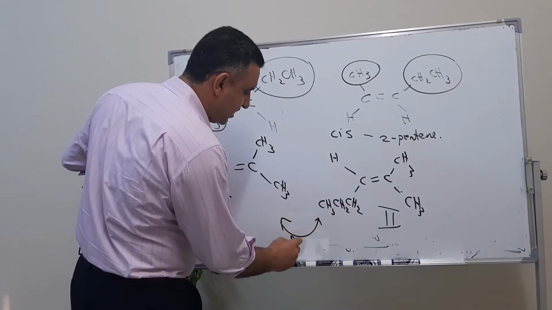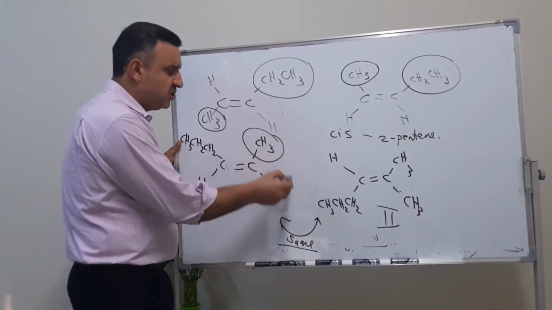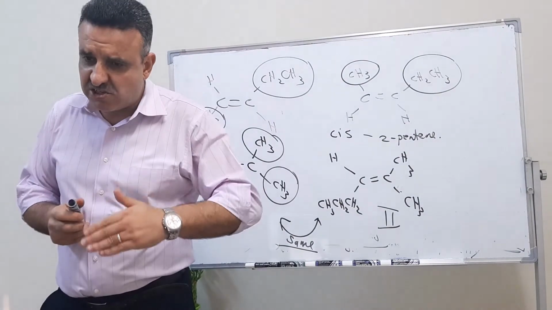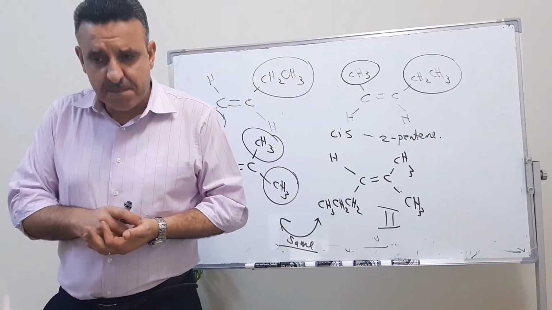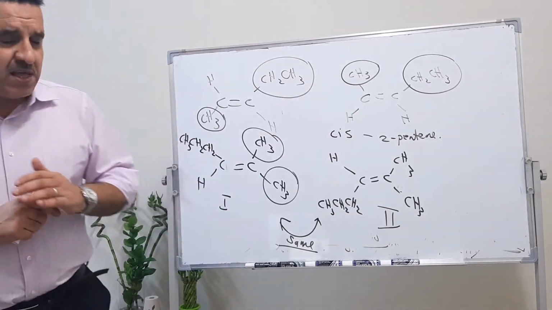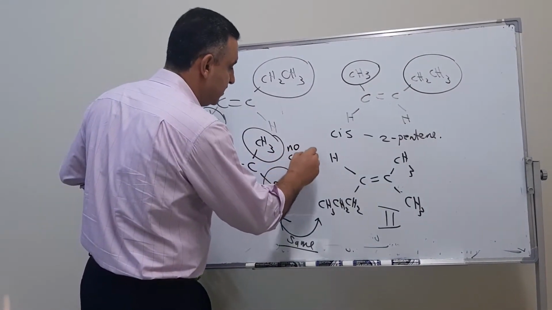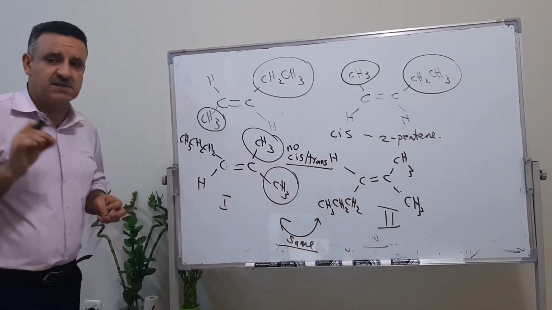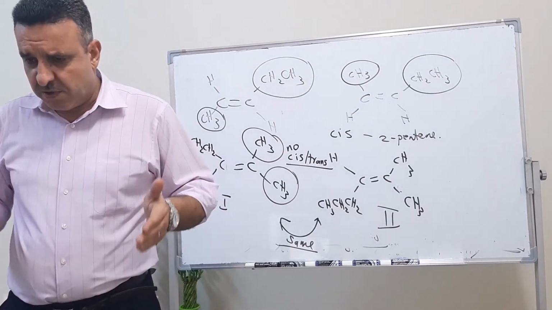Now, what I want to highlight: whenever we have two same groups attached to one of the carbons, making the double bond carbon, there is no cis-trans relationship. Remember that. I'm just giving you some hints and keys in order to be aware of what's going on.